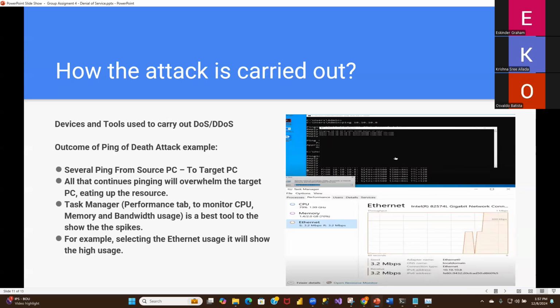Everything will be spiking, so that target device cannot be used, or any customer cannot access the device, whether it's a server or a PC. You just overwhelm it to the point that it's unusable. Like Osvaldo explained, attackers are not there to steal, but to make that device useless.